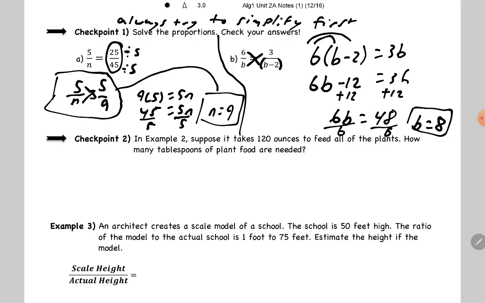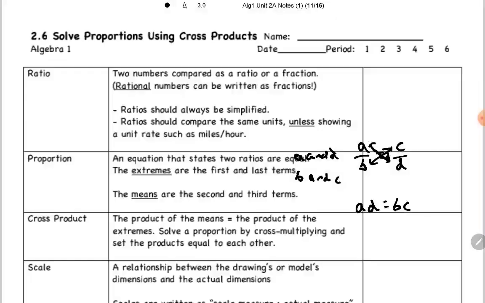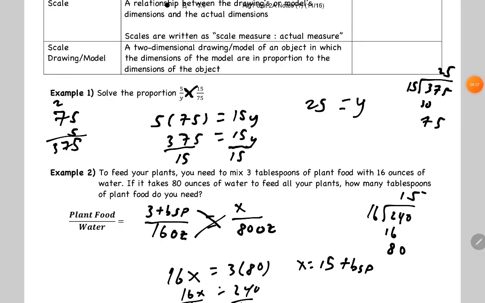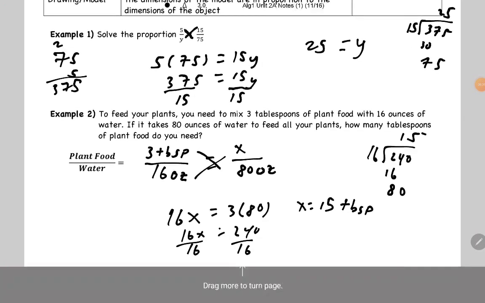In example 2, suppose it takes 120 ounces to feed all the plants. How many tablespoons of plant food are needed? So going back to example 2, they said 3 tablespoons for 16 ounces.